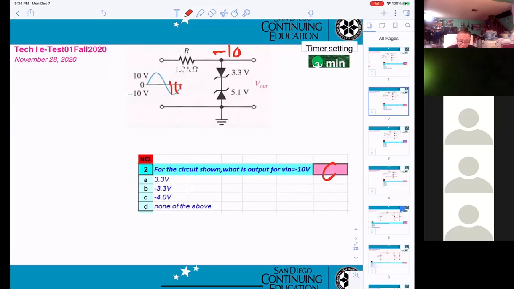So that means the 5.1 volt will be in normal operation. The thing is they get 0 volt right here. And the other side is negative, so they are normal. So you can get positive, negative, minus, plus, 0.7.